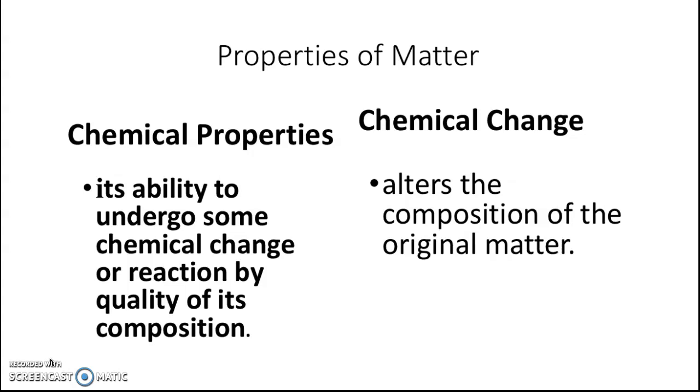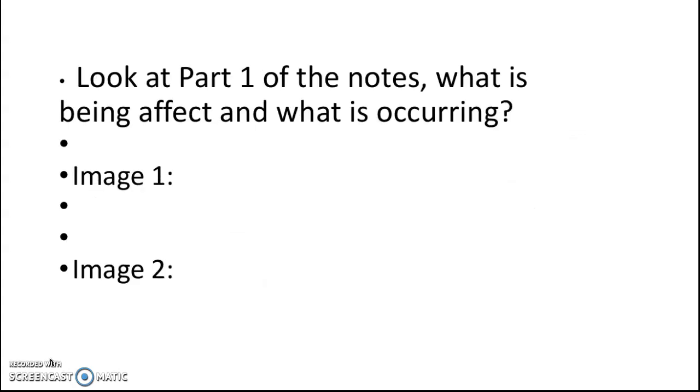No. Because the composition that made up paper is no longer available in the ash, right? I always like to think to myself, can I change it back? If I can change it back, it's a physical change. If I can't change it back, it's a chemical change. Anytime we produce something, anytime we have a reaction, we are going through a chemical change.